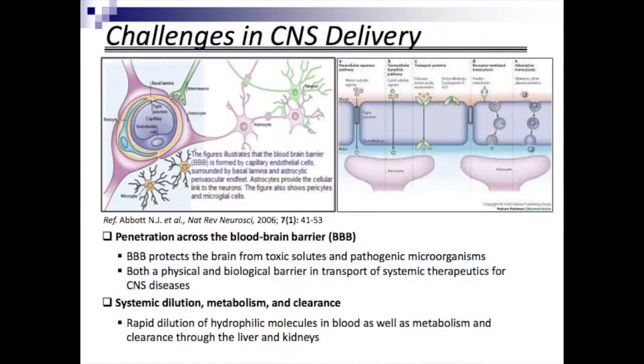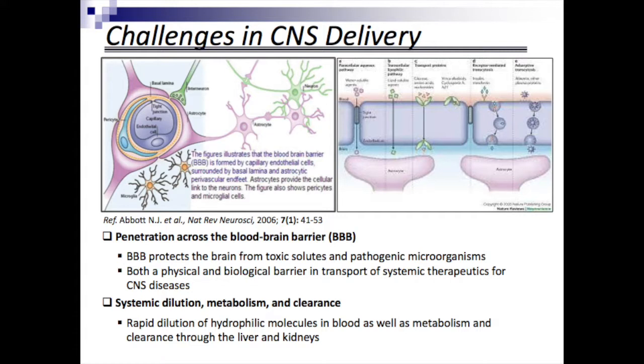So we and others have thought about ways to get these drugs in, and in the next slide what I show you are some of the barriers from getting drugs from the bloodstream into the brain. One of the biggest of these is called the blood-brain barrier. Many individuals think of the blood-brain barrier as simply a physical barrier, meaning that the cells of the capillary endothelium are lined in such a way that they create tight junctions and prevent drug from getting from the blood side to the brain side.